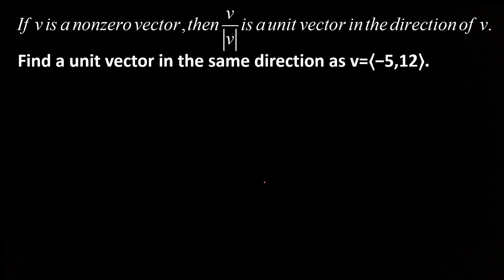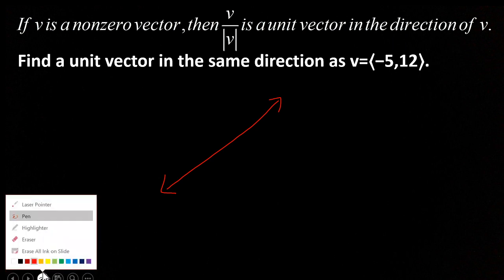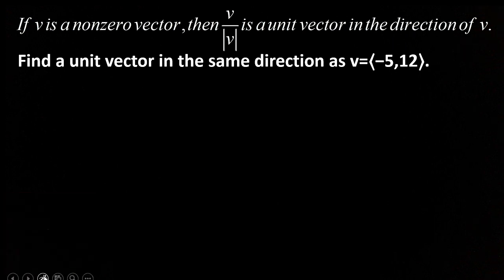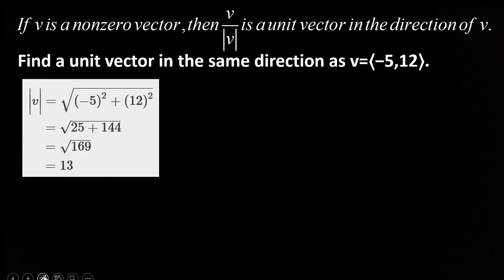Alright, so now let's say we have a vector that is not a unit vector. We can actually make it a unit vector by dividing by its magnitude. So if we have this vector, its magnitude is not 1. How do we know?